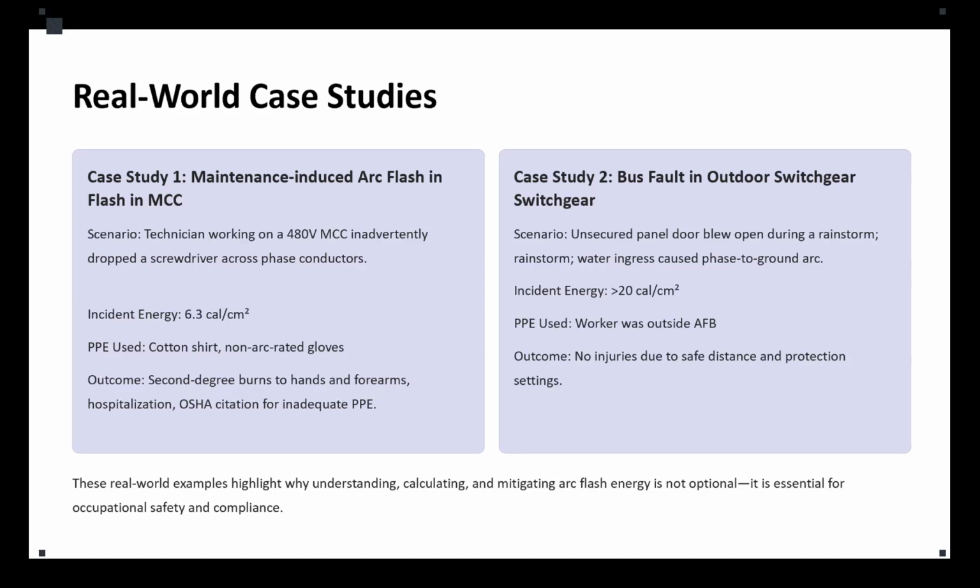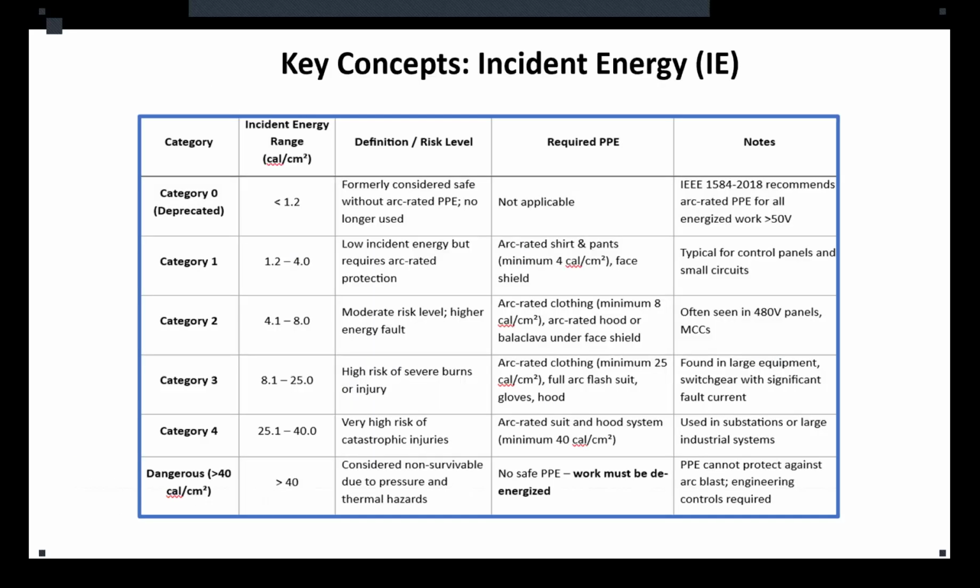Remote operation or weather-related enclosures can prevent such incidents. And arc flash boundaries must be clearly marked, and no work should be done within those zones without PPE and appropriate protection.